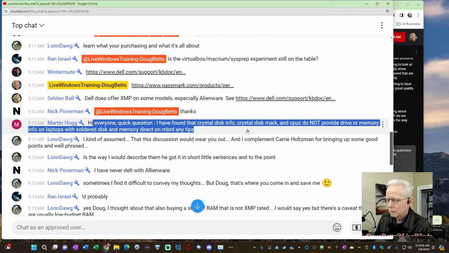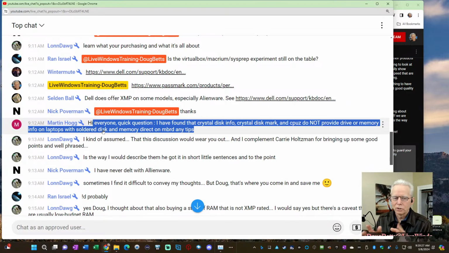Oh, that's surprising. With laptops now, are you sure that it doesn't provide that information on any laptops that have soldered disk and memory direct on motherboard, or are you deducing that because you found that it's not working with a laptop you are working on that happens to have soldered disk and memory on the motherboard?